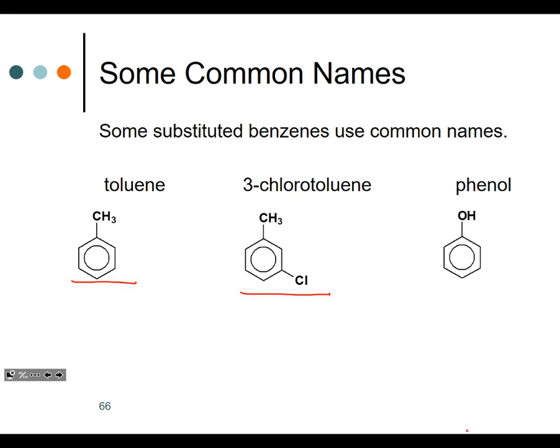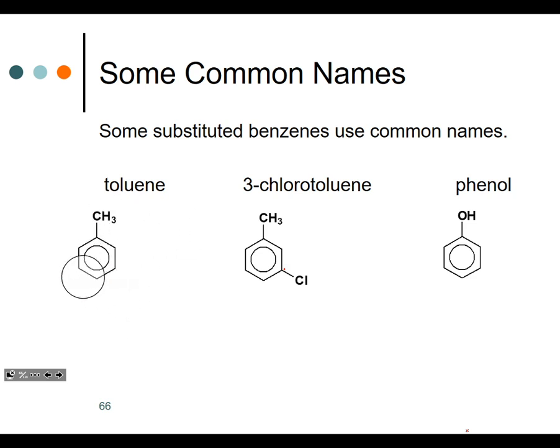Now I have some kids that like to do that because when you do that, that tells you, if you call this thing toluene, you are numbering that as number 1 right there. Same here. Before, this would have been 1-chloro-3-methylbenzene. Well, if you call it toluene, this becomes number 1. So there's no question where your number 1 is coming from. So 3, that's 1, 2, 3, 3-chlorotoluene.